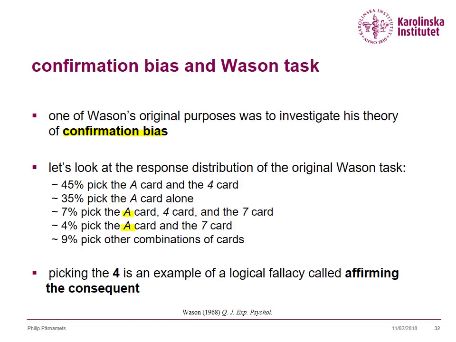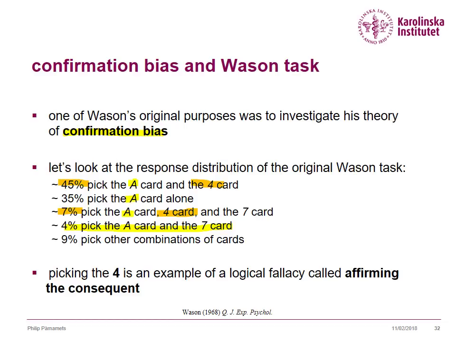You see most participants pick the A card, which is a clear test of the rule, and of course very few participants pick the correct combination of cards. But critically, if you look at the erroneous responses, quite a lot of them involve the 4 card. Almost half the respondents pick some combination involving the 4 card.